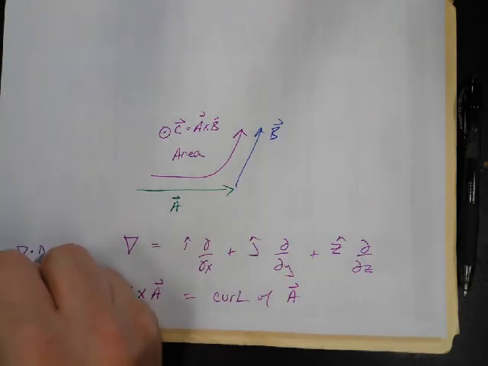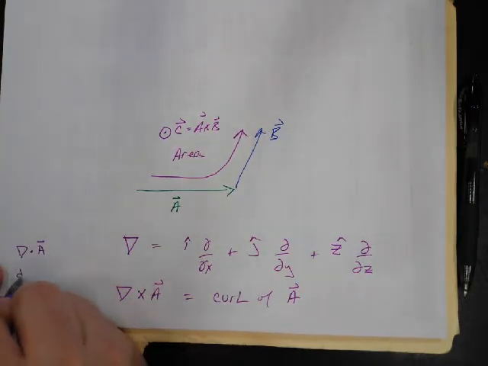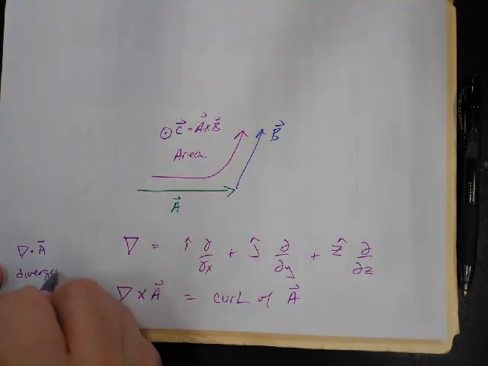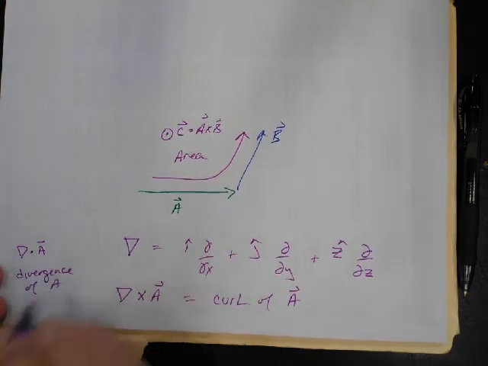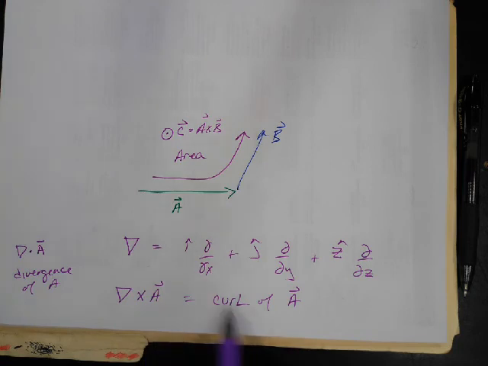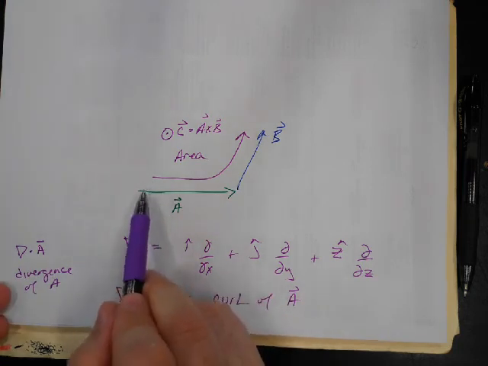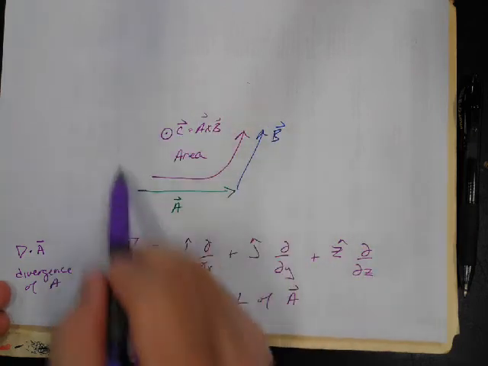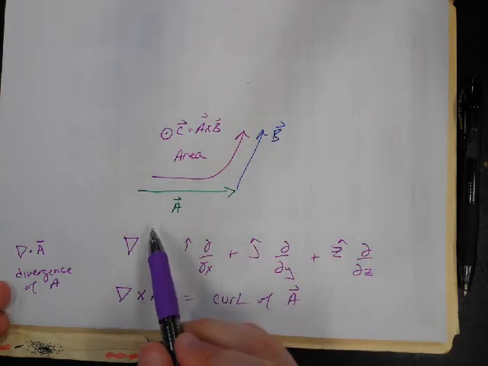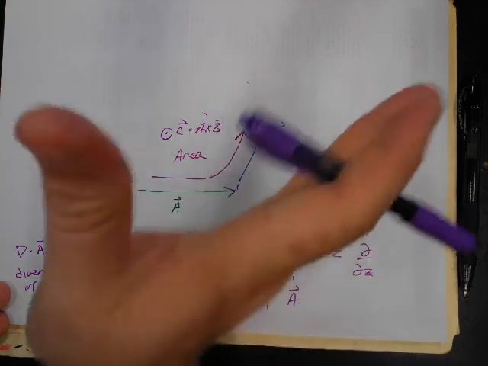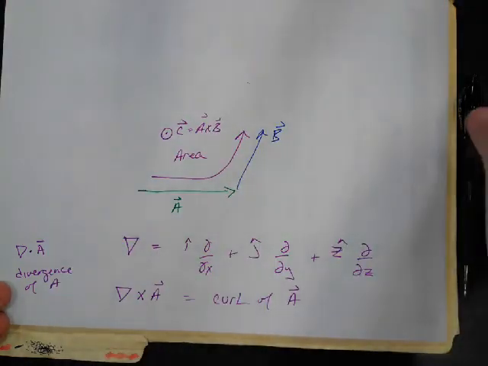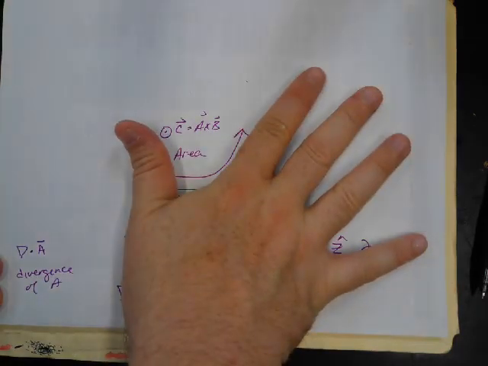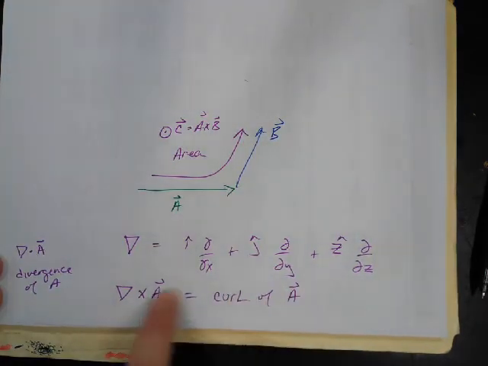The dot product with A here is what's called the divergence. But what this is telling us is, if I have some set of vectors, how does it wrap around some other point? How does it curl? How would I turn my hand around to make it make sense? And if all my vectors are in a straight line, then there is no curl. So this exists. You don't have to worry about it.